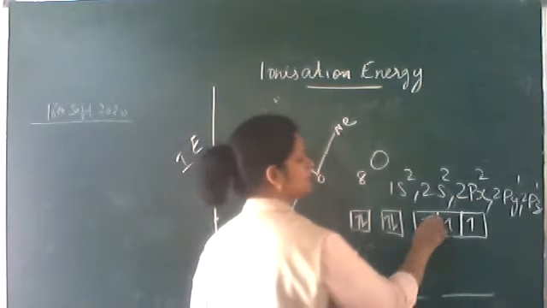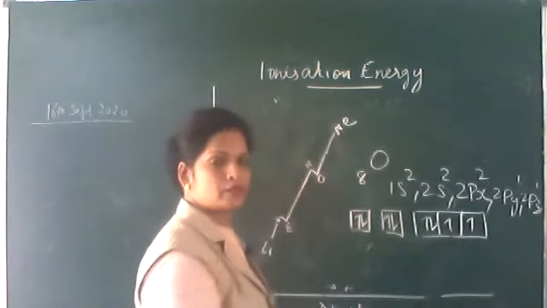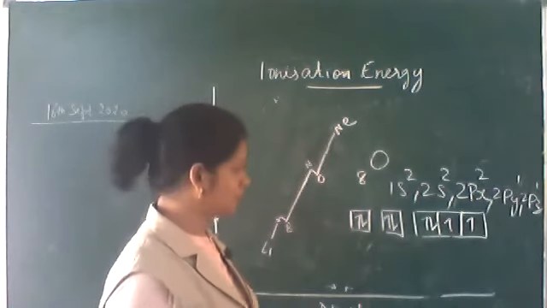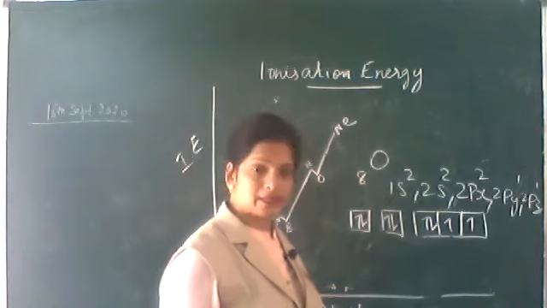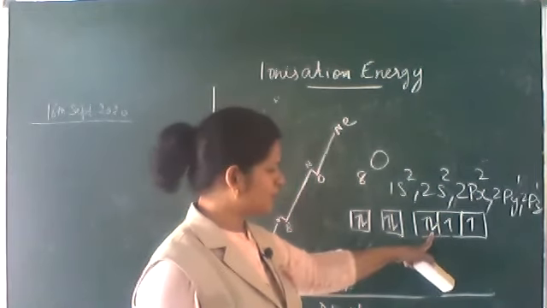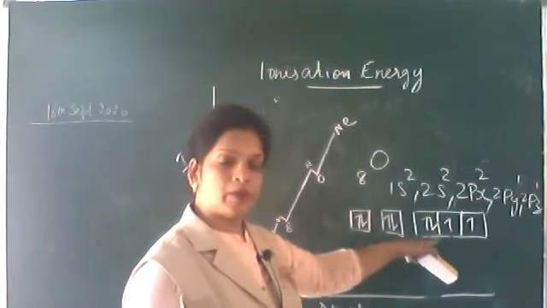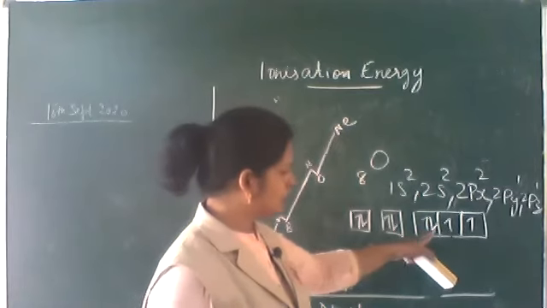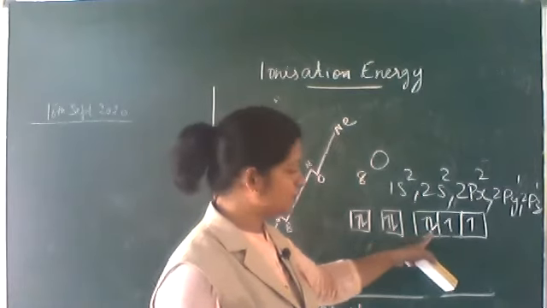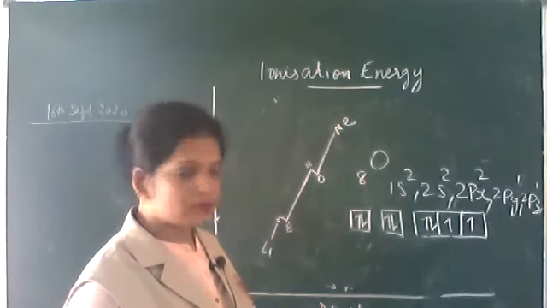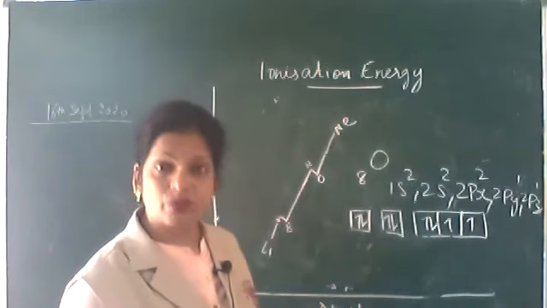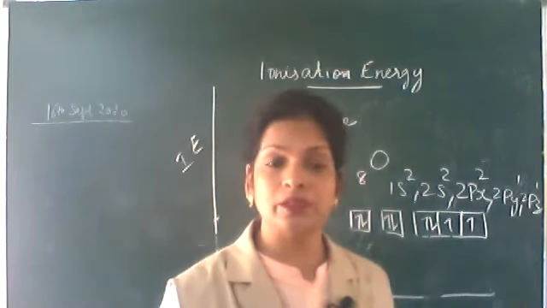Then the next electron comes to pairing. When the degenerate orbitals are filled, pairing takes place. So this last electron is the most loosely bound electron. Why? Because there is electron-electron repulsion, so they are already in a repelled state. So it is very easy to remove that electron.